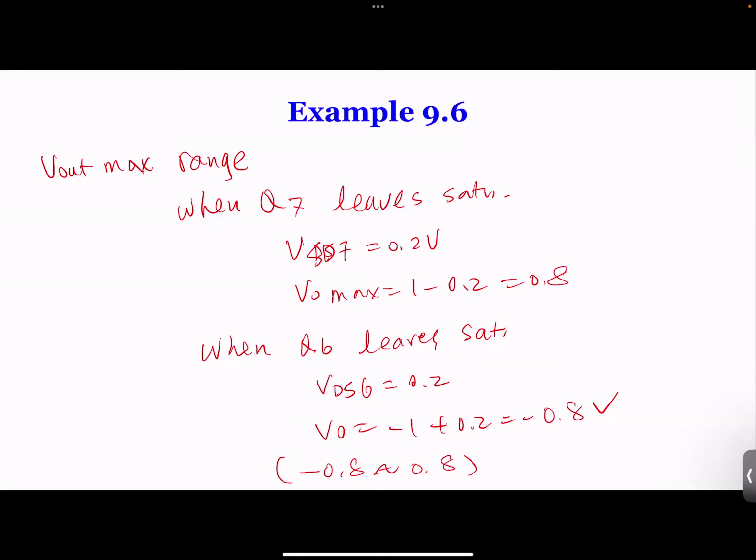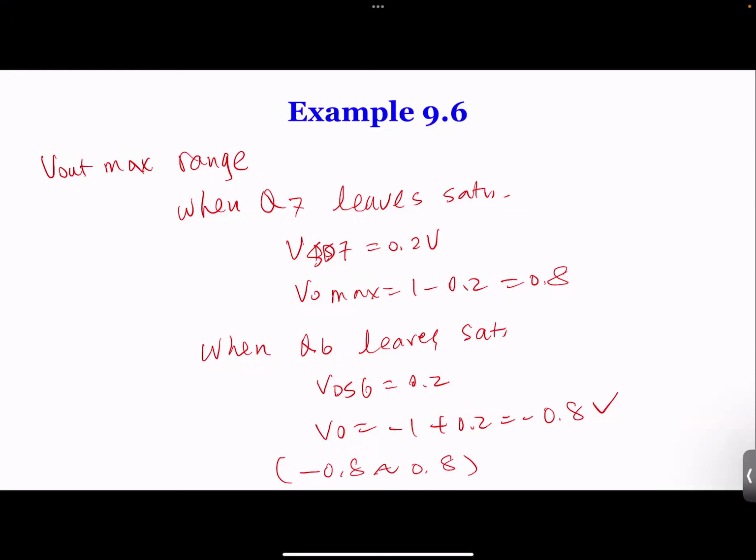But if your input is more than 1 millivolt, like 2 millivolts, your output would be 1.3, which is impossible. So in that case, your output will be clamped at 0.8. If your input is small enough, you get a sinusoidal output. If your input is too big, you get a clamped output.